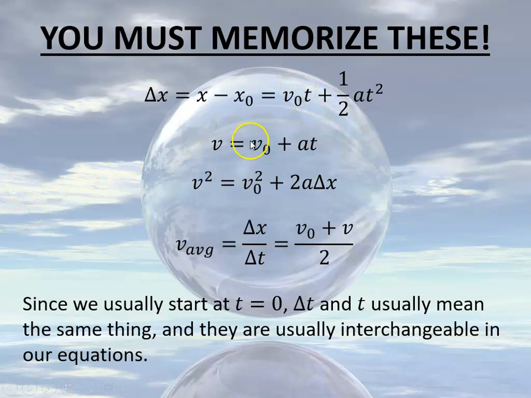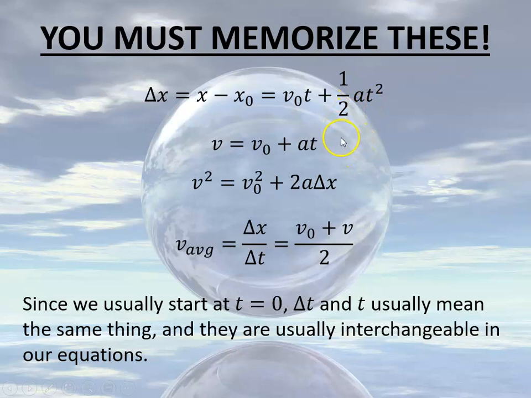Well, move the v naught back to the other side, you have v minus v naught. That is delta v equals a times t, where here I'm replacing delta t with t. They are often interchangeable because the vast majority of the time we're going to start at t equals 0. If that's not the case, then sometimes you have to be careful and remind yourself that in all of these equations, the t's are actually technically delta t's.